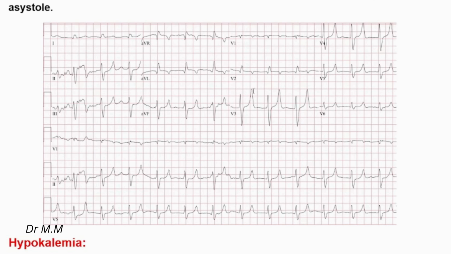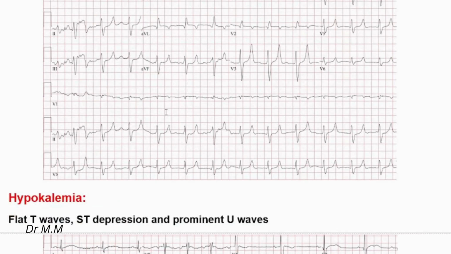We have small P waves, and in some leads we cannot see a clear P wave, and the QRS complex is widened. This is the specification of hyperkalemia on ECG.